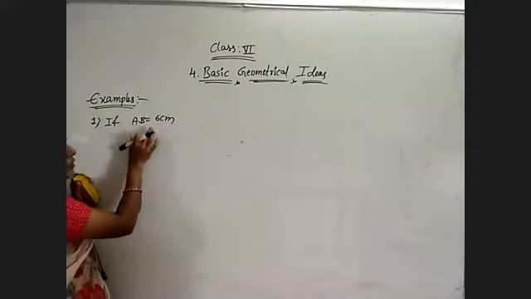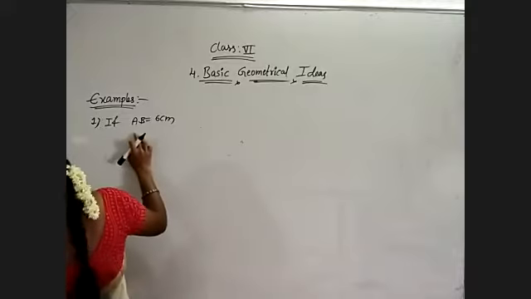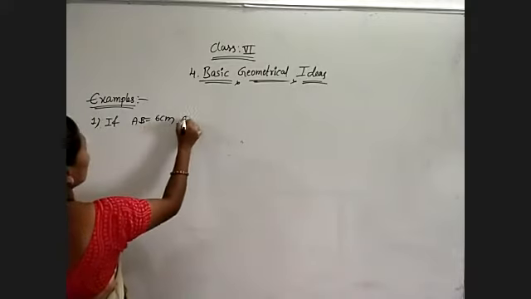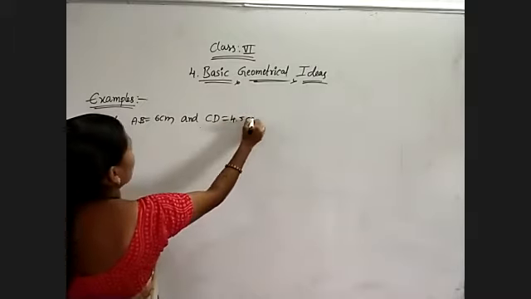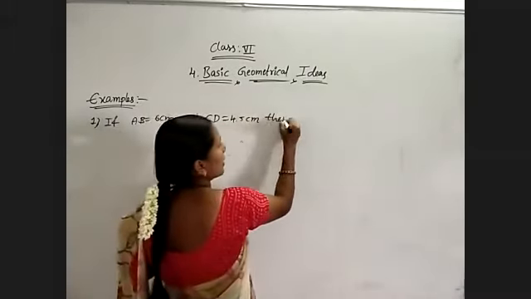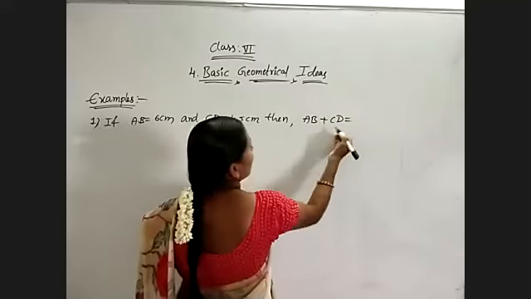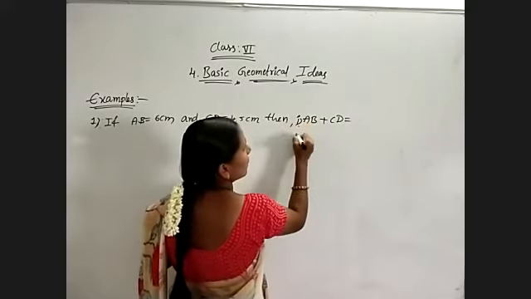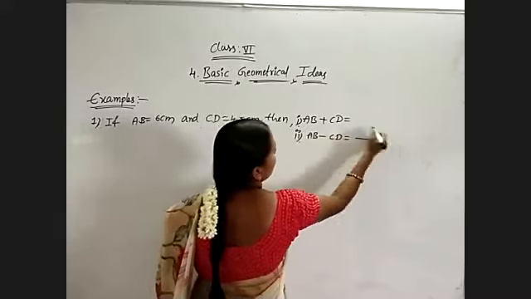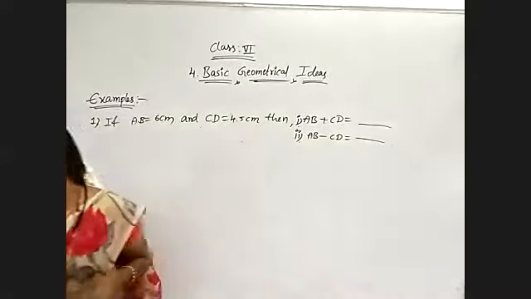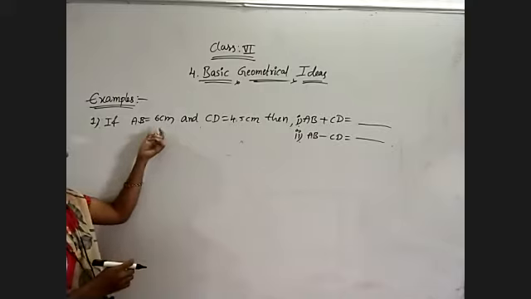If they give the measurement, that is a line segment. AB equal to 6 centimeters and CD equal to 4.5 centimeters. Then AB plus CD will be equal to how much? And the second one, AB minus CD is equal to dash. So now we will see how to apply addition and subtraction on the lengths of line segments.